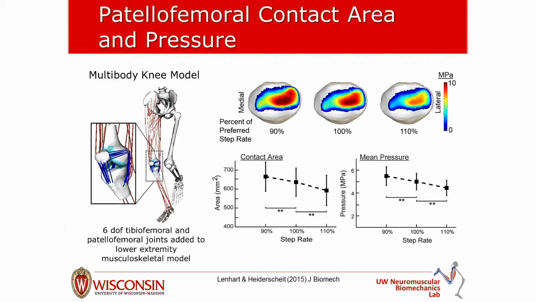We took it a step further to look at the contact stresses on the back of the patella. Again, this is done through modeling, to be able to show that the mean pressures or the average pressures on the back of the patella decrease as step rate increases by 5 and 10%. So again, from a standpoint of what we commonly view as being a key factor in patellofemoral pain and anterior knee pain, this has a positive effect on the biomechanics at the patellofemoral joint.